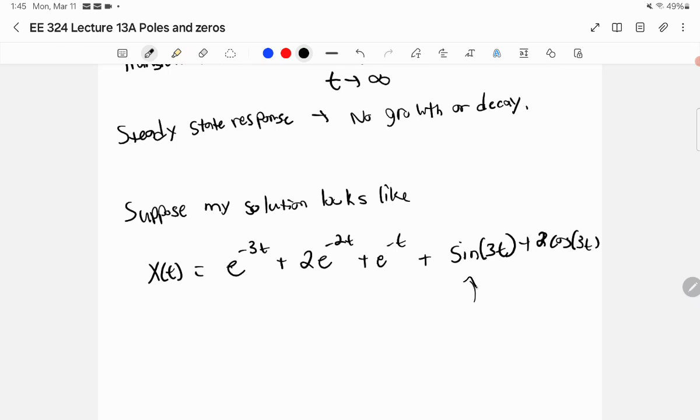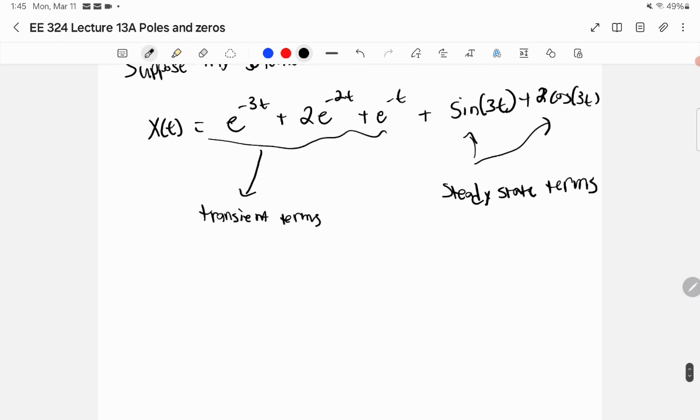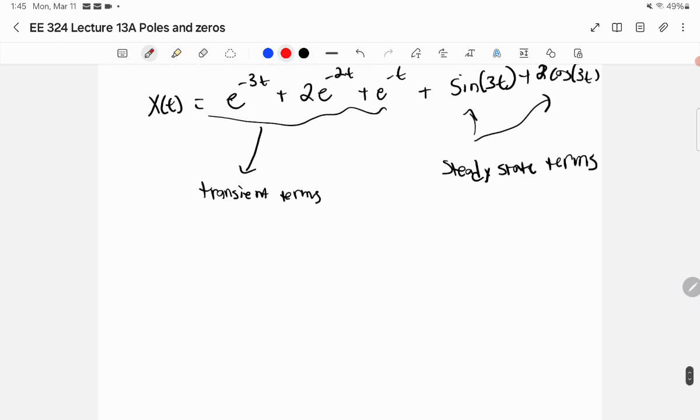These last two are steady state terms, because they're sinusoidal. And these exponential terms are the transient terms. They are going to decay towards 0.